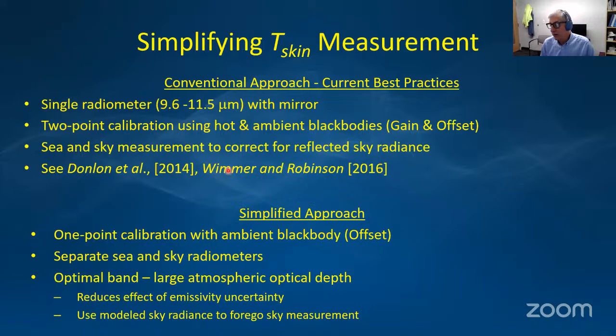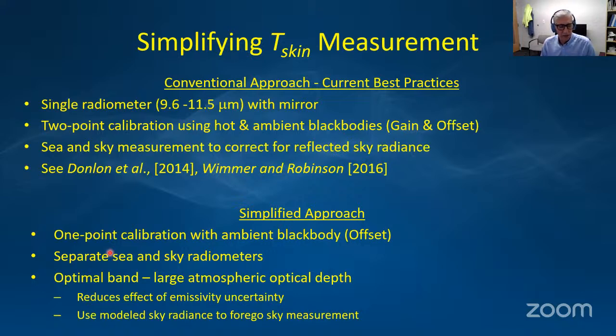Over that period of time, the commercially available radiometers have significantly increased in their stability, to the point where we now can use a single point calibration with an ambient temperature black body, eliminate the mirror, and that allows us to use separate radiometers for the sea and sky, which simplifies the instrumentation.